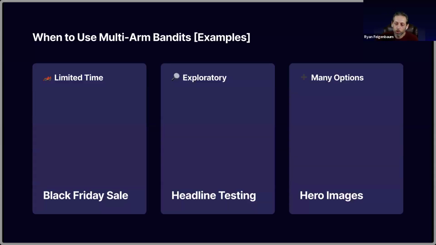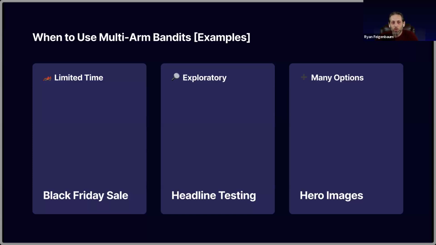So when to use multi-armed bandits. When you have a limited time frame, bandits are really good. In the US recently, we had our Black Friday sale. I think this is maybe spreading more internationally, but basically in a week in November, they have all these sales. And in that period, if you had a traditional A/B test and you wanted to test something for that sale, by the time the test was over, that sale would be over.